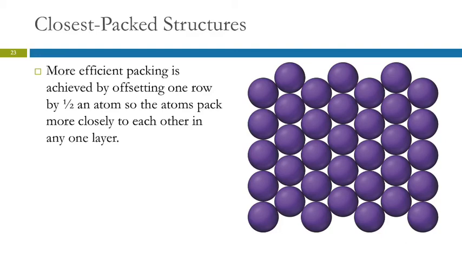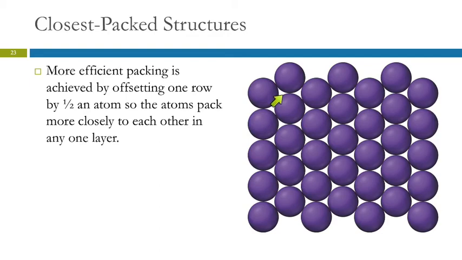So you can cause the single layer to be more efficient by staggering the atoms. So this atom is not directly in line with the one next to it. This row is staggered so that they can nestle closer together.